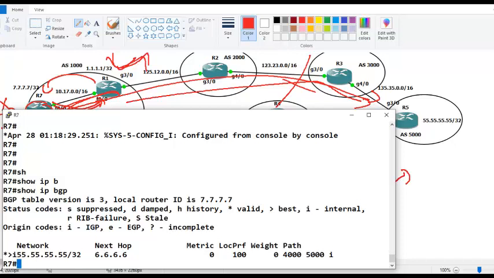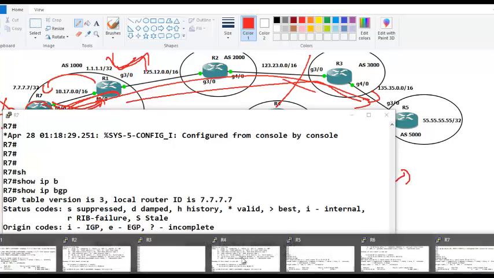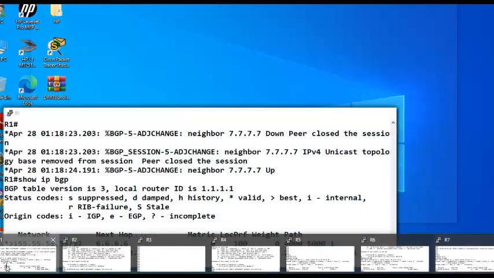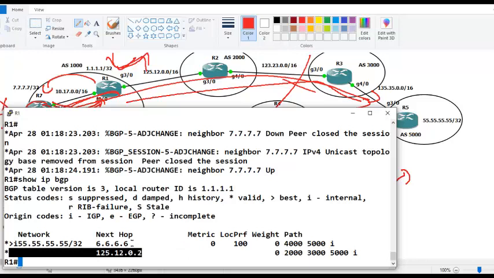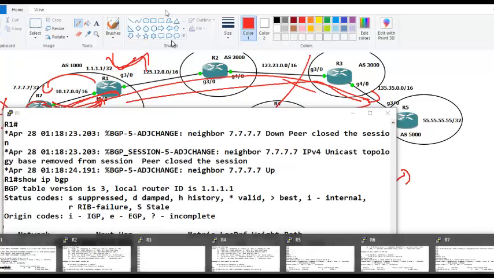R1 says, I will not give you the route via 2 because the route via 2 is not the best. See, R1 has filtered this route because for R1 this is the best. So R1 itself is not ready to go via router 2, so it won't advertise the route to router 7. So both router 7 and router 6 now do not know about the long route.